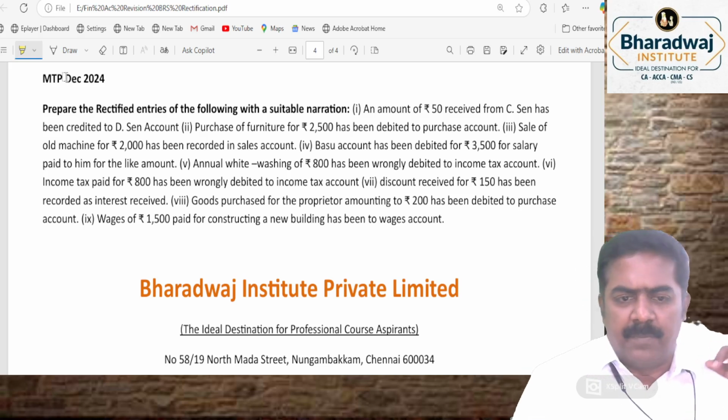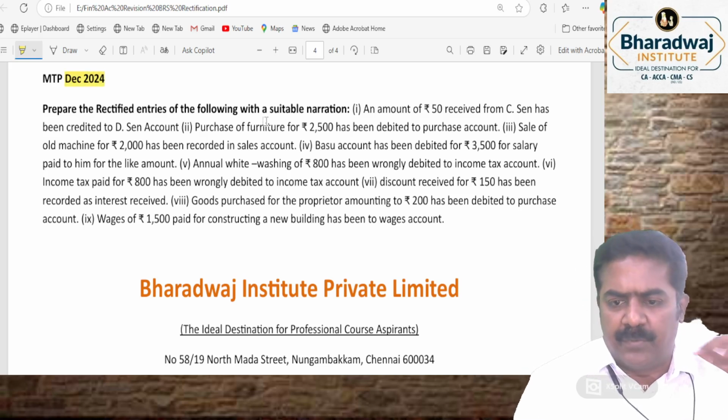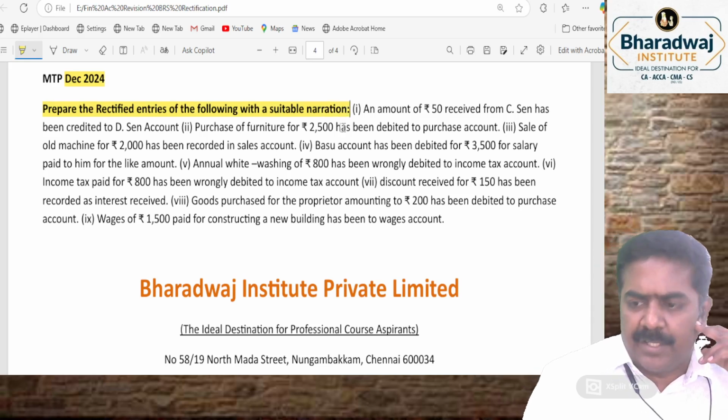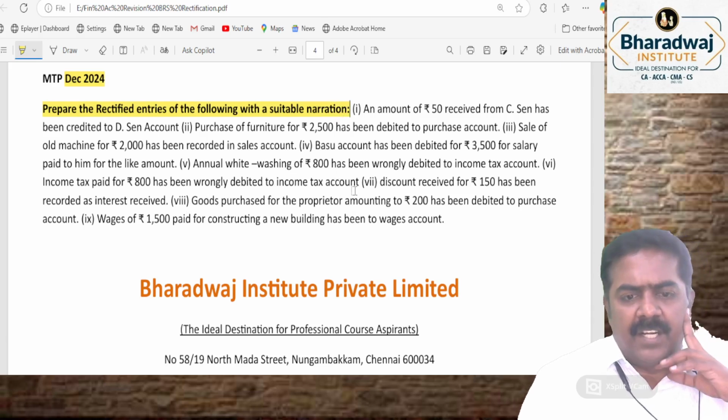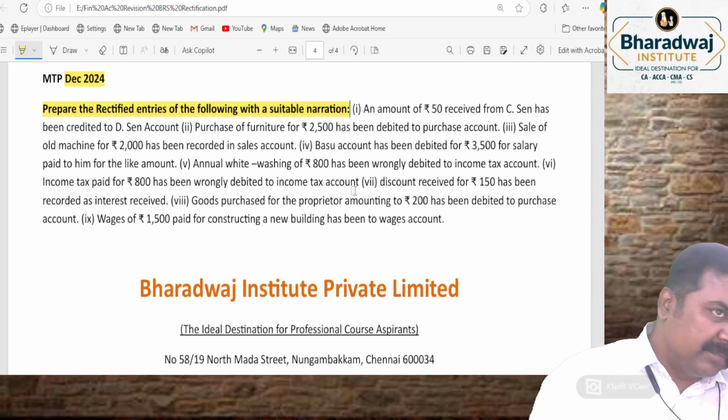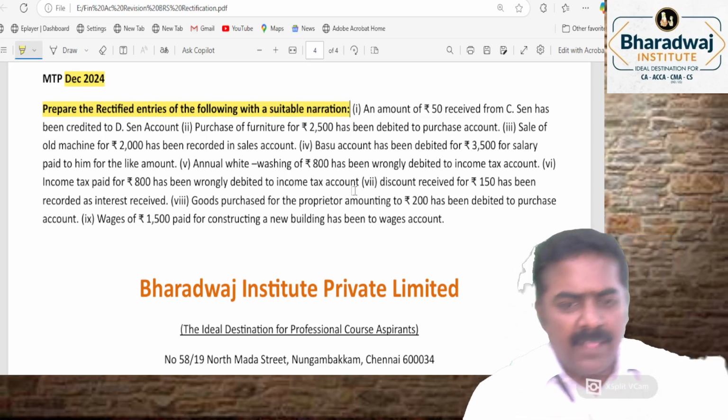Next question பாருங்க. MTP December 2024. Prepare rectification entries with a suitable narration னு கேட்டிருக்காங்க. So if nothing is given, we assume that errors are rectified after trial balance. Try பண்ணுங்க. I'll not do it, you are going to try. I'll just show the answer.